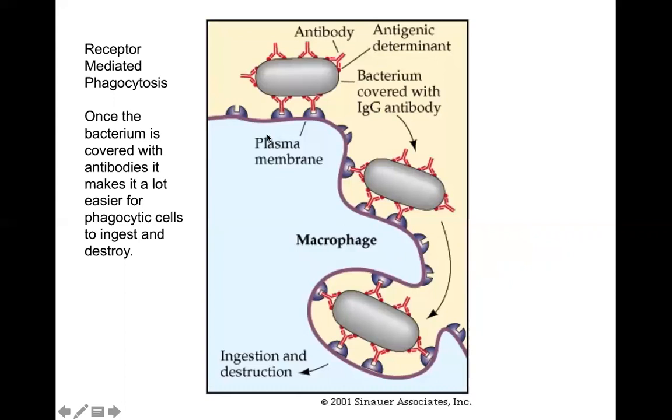Macrophages also have special little receptors for receptor-mediated endocytosis, a structure on the outside where antibodies can connect, and it helps them easily find what looks like a bacteria, to engulf and then destroy.